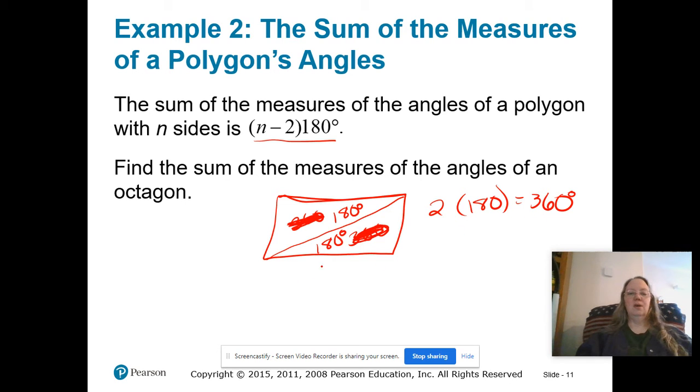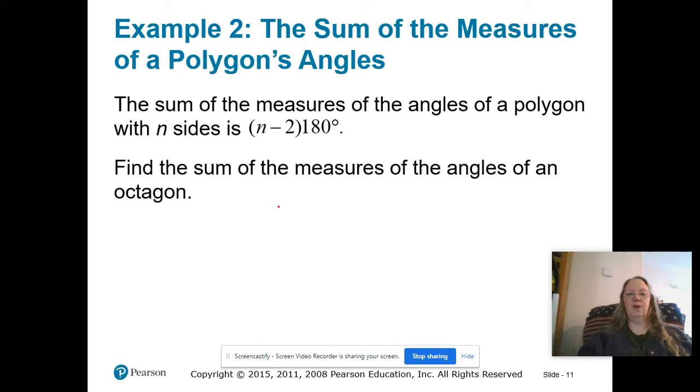Now, let's see if I can draw a five-sided figure. That's the only way I can draw five-sided figures, if it looks like a house. This time I am going to divide it up into triangles right there.